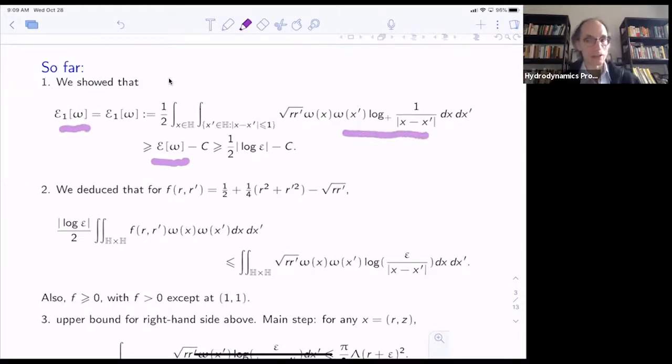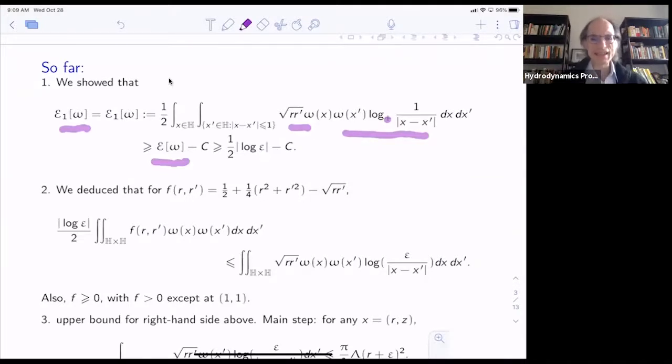It's like the standard Green's function on R3, and then there are weights coming from the axisymmetric setting here. The distance from x prime is less than or equal to 1, so this plus is redundant. This is the positive part of the log, but it'll always be positive in this case.